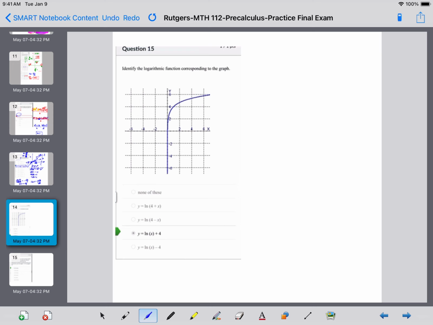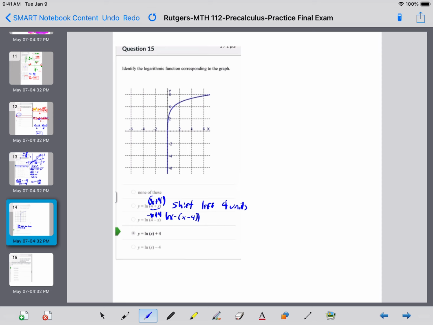Question 15, we have this logarithmic function. This would be a shift, because it's x plus 4, right? That would be a shift left 4 units. This would be the same as saying negative x plus 4, which is the same as saying negative x minus 4. So this one actually would do two transformations.